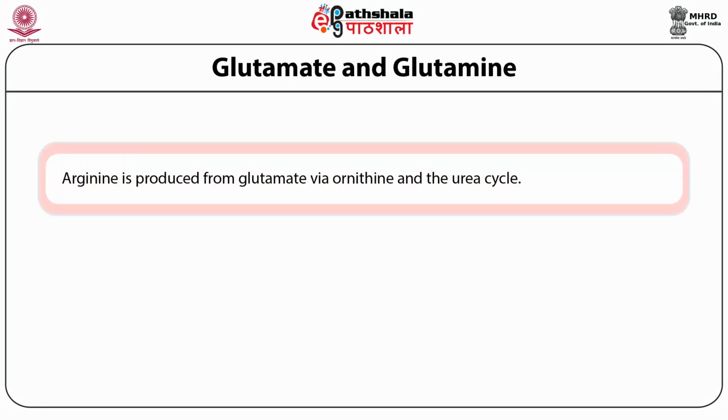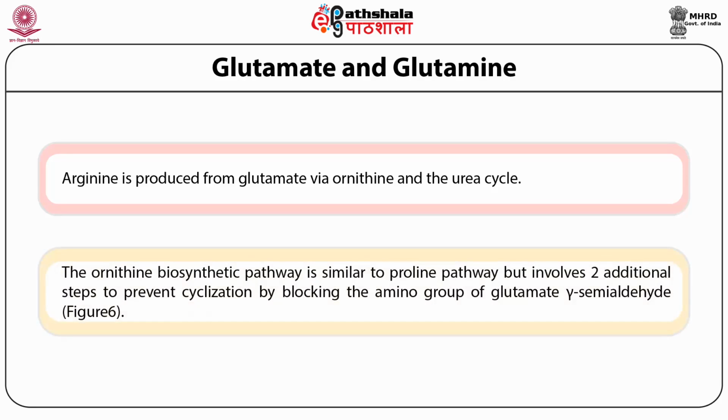Arginine is produced from glutamate via ornithine and the urea cycle. The ornithine biosynthetic pathway is similar to the proline pathway but involves two additional steps to prevent cyclization by blocking the amino group of glutamate gamma-semialdehyde, as shown in the figure.